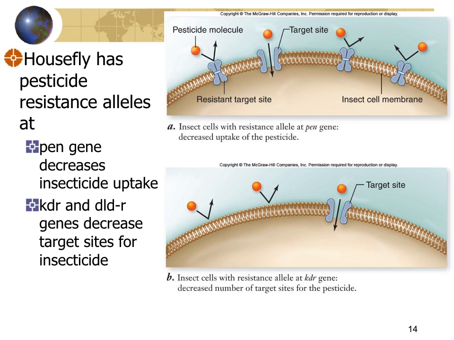It shows the pesticide working to get inside a cell through a specific protein pore or receptor. And so it's the target site for the pesticide. And often the resistance genes are just something like having fewer of the receptors.